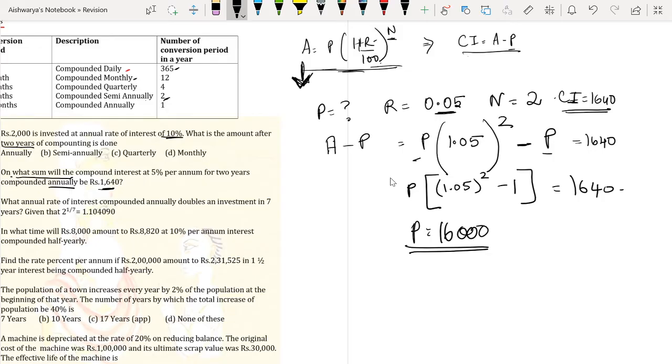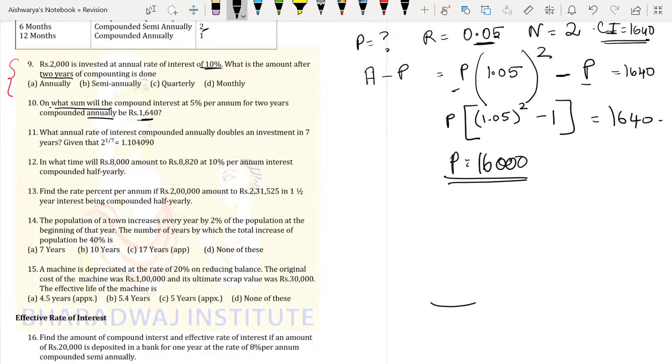Archana, continue. The question clearly says an investment doubles, and it is compounded annually.